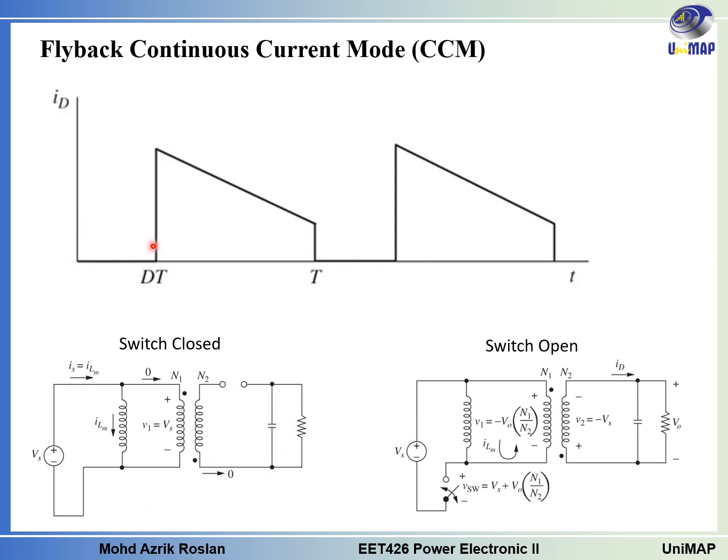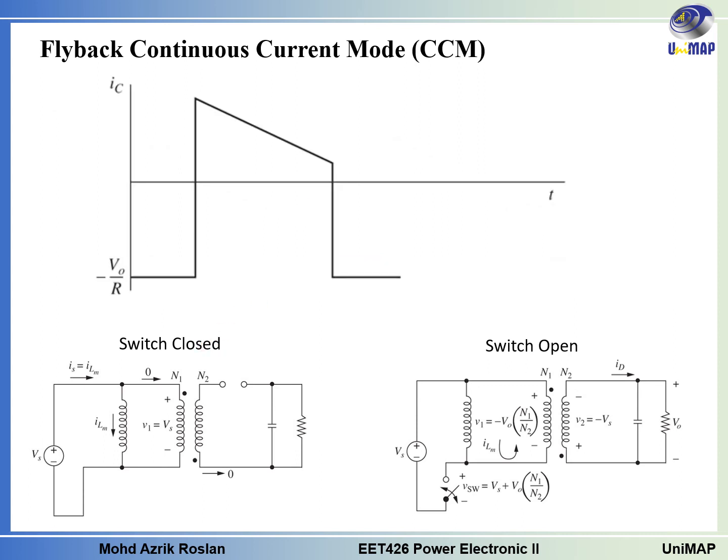So during this period, the ID is 0, but when the switch is open, the current that flows here will be the same as the ILM. The shape will be the same as ILM, but here we know that it has to be multiplied by the ratio of N1 over N2.